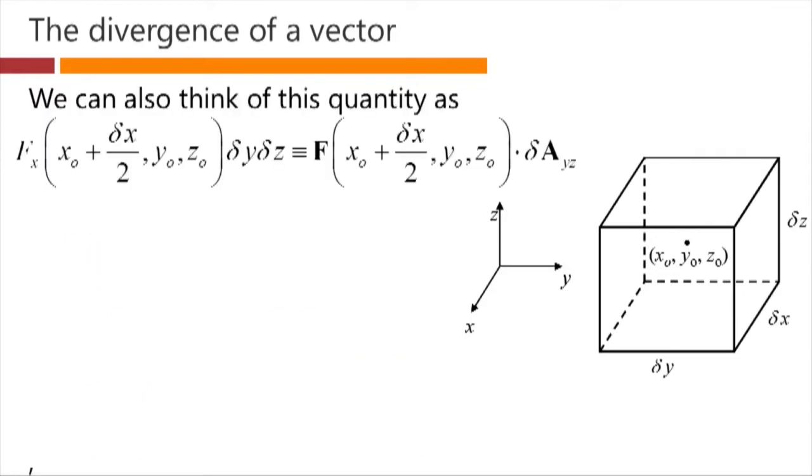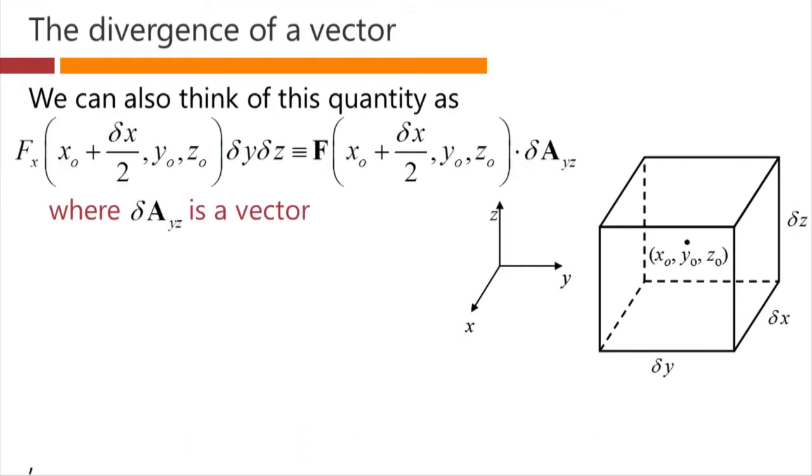We can also think of this quantity as the dot product between f, the vector flow, and a vector delta A sub yz.